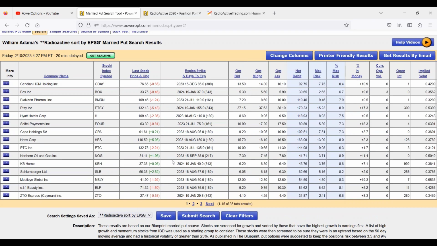Now, why I'm going through this exercise is because Chih had asked, I'm just starting to learn the blueprint and go through the radioactive trading criteria. I'm getting the principles, but I feel there's something missing.